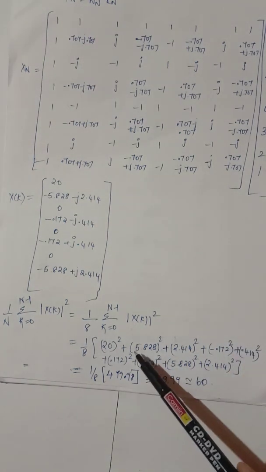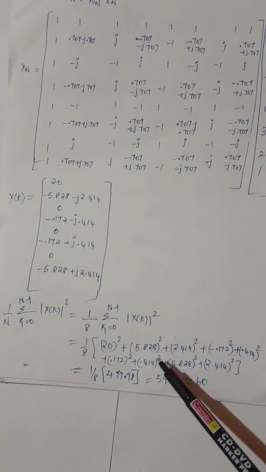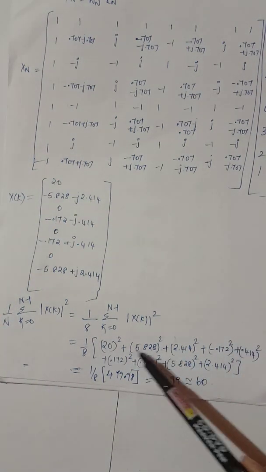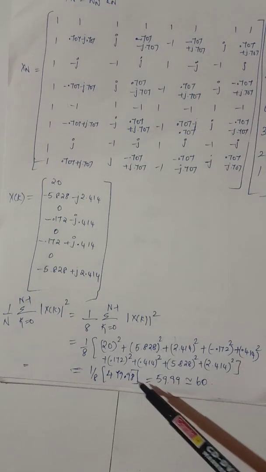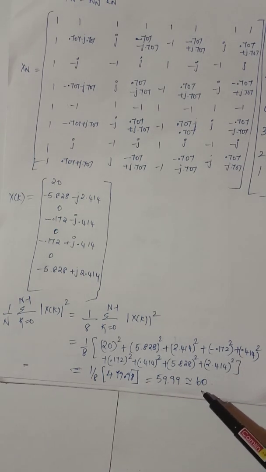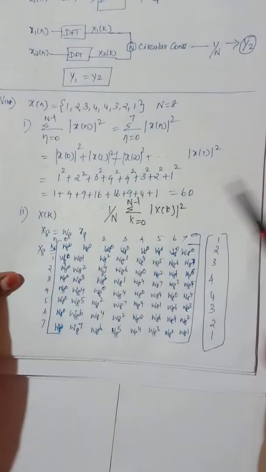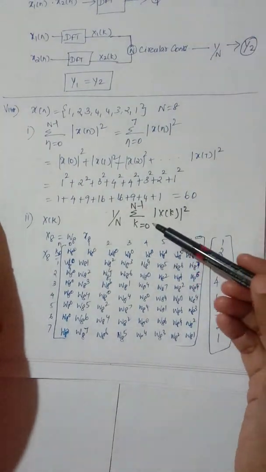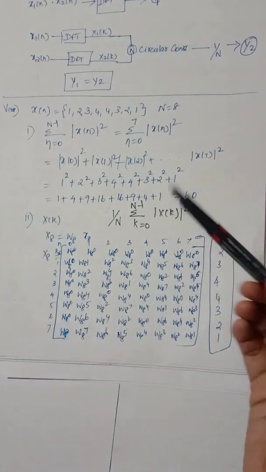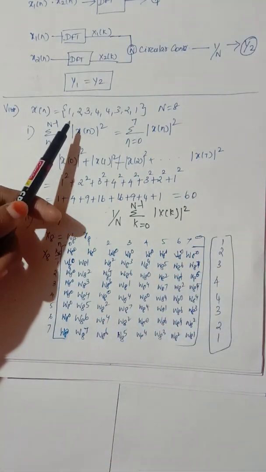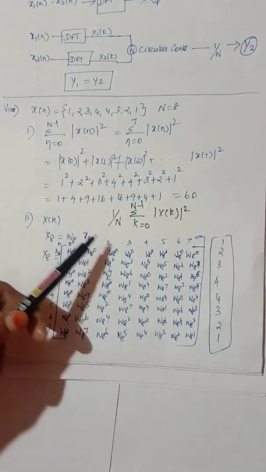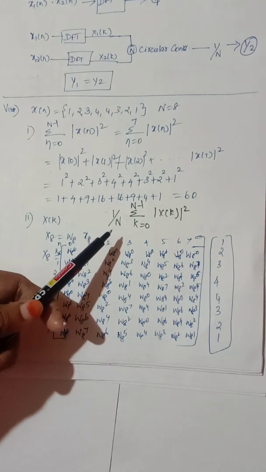When I add all these values, I get 60, which is the same as 60. So we have proved that summation n equal to 0 to N minus 1 of x of n squared is equal to this expression in frequency domain.